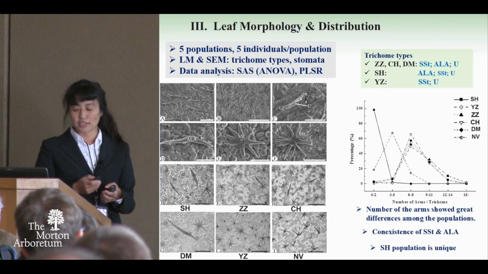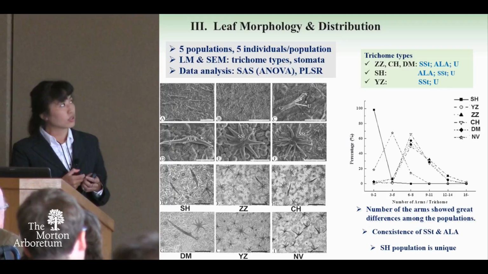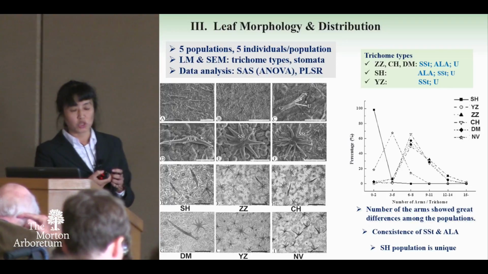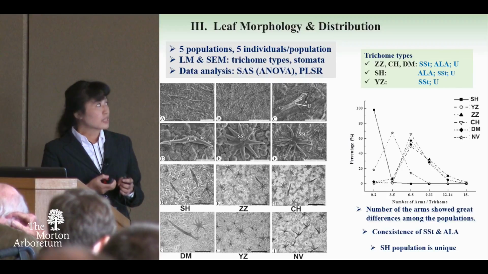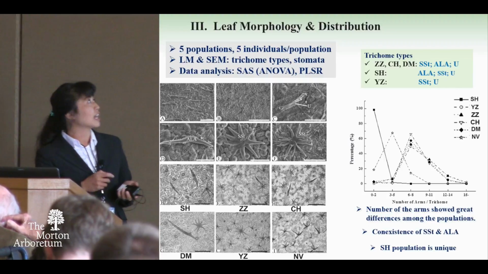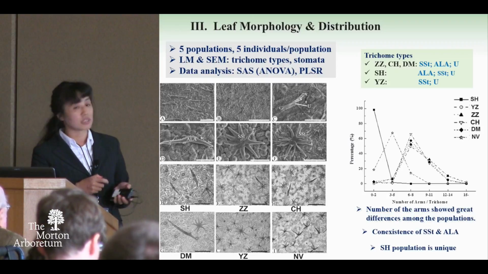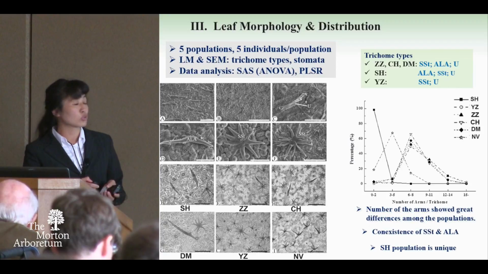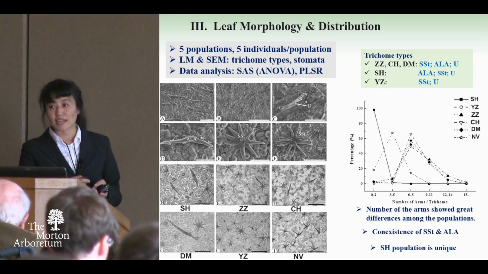And here is another study we did, on the morphology and the distribution. Based on the leaf morphological characters, we did light microscope and SEM study on the trichome and stomata, and also tried to profile the habitat characters.